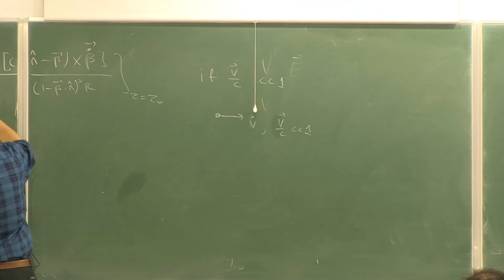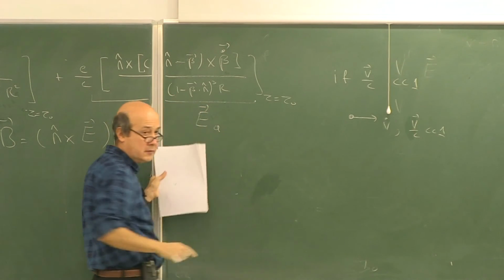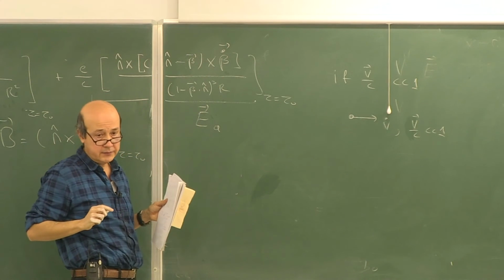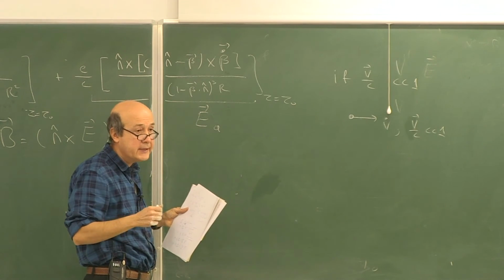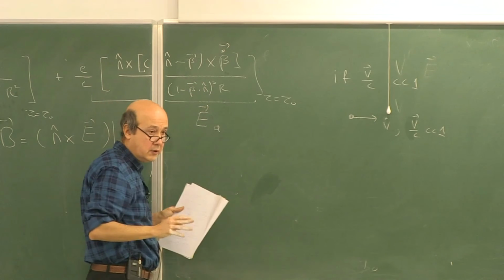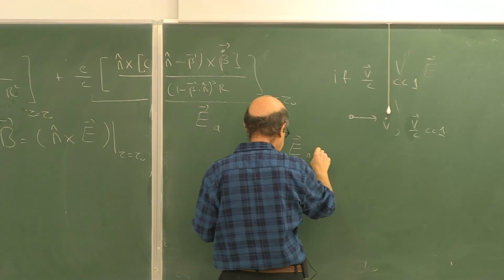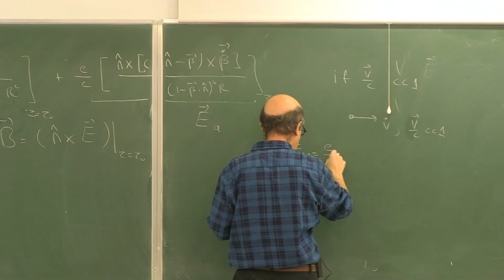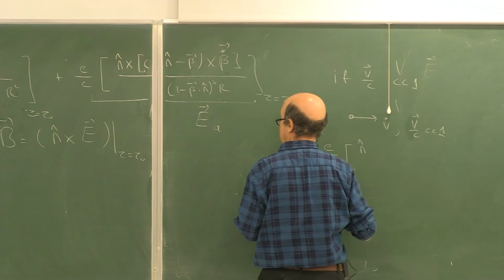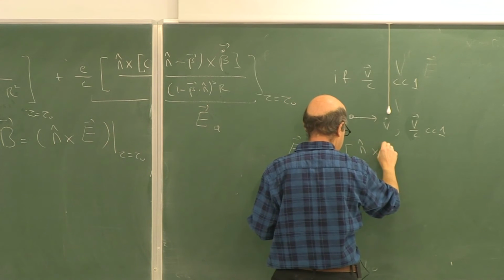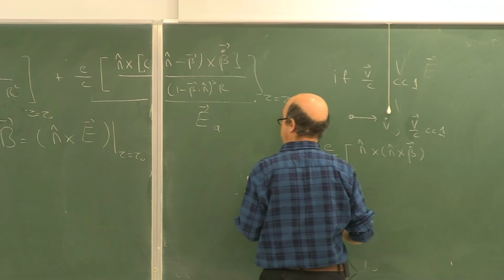Take this part as the radiating field due to the acceleration, because only that term has the acceleration, and set all the betas to 0. Then the electric field of the accelerated charged particle will be E over C, n cross n cross beta dot, divided by R.